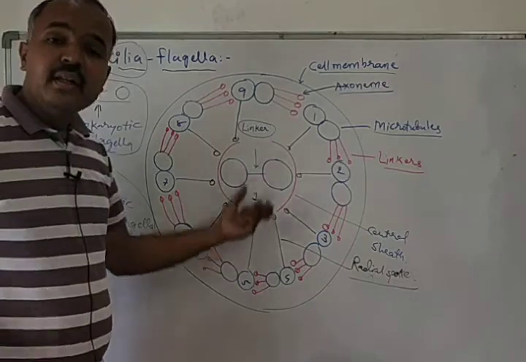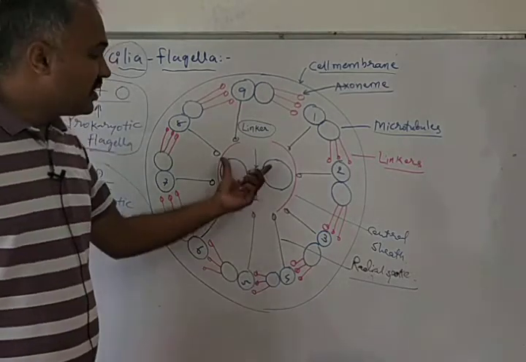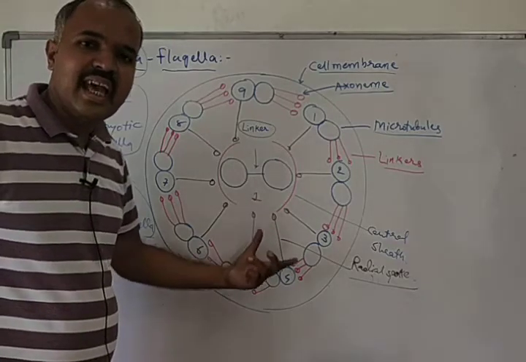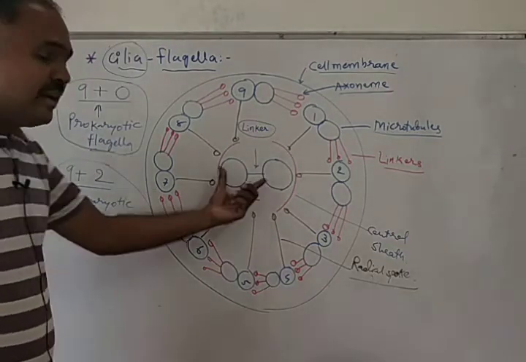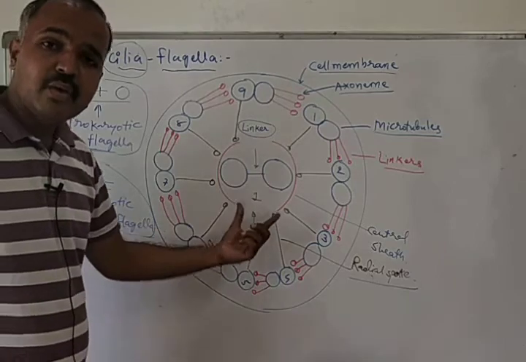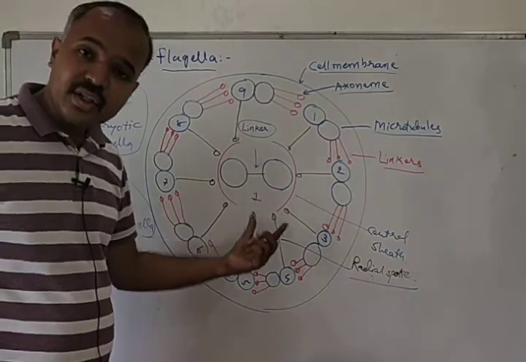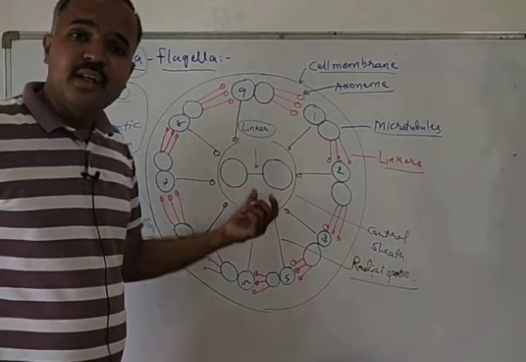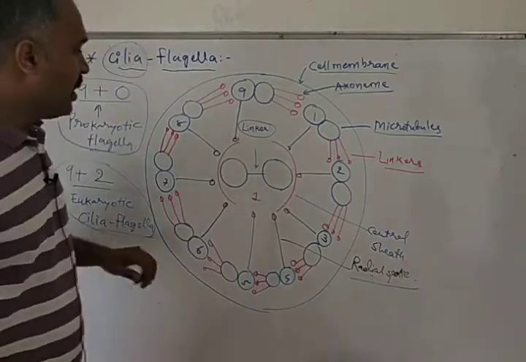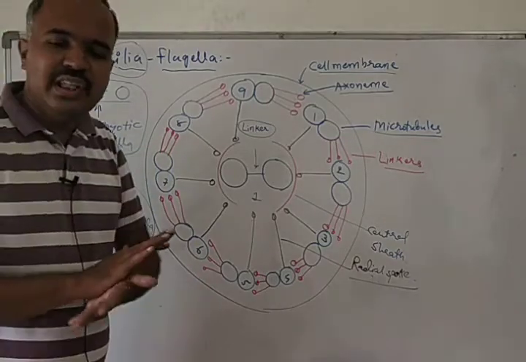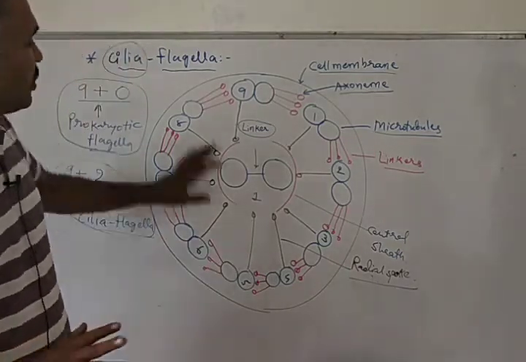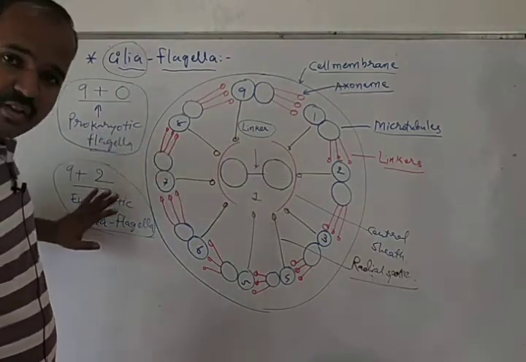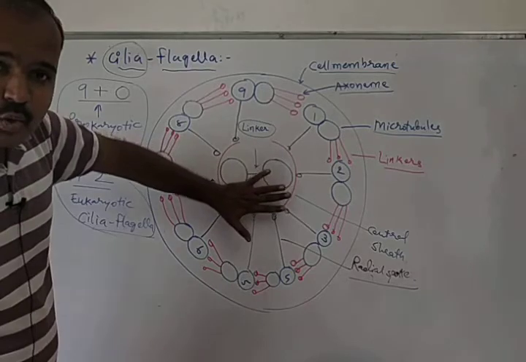If the prokaryotic flagella is there, then the central microtubules will be absent. But if the eukaryotic cilia and flagella is there, then it will have a central pair of microtubules. Sorry, it's prokaryotic flagella only, because cilia are not found in prokaryotic cells.